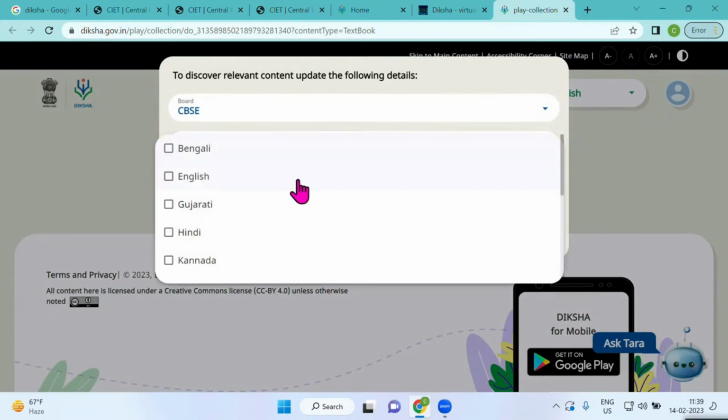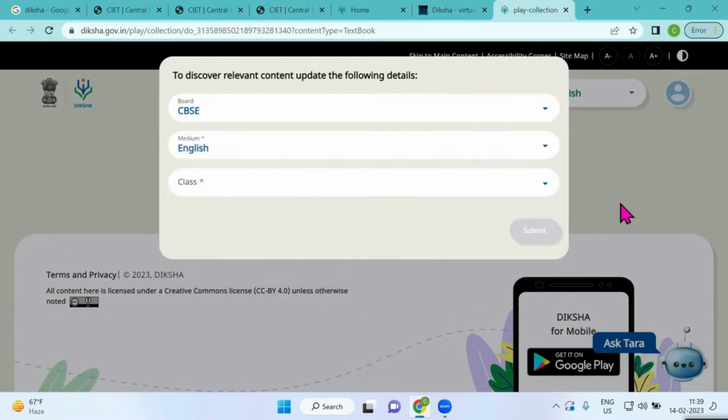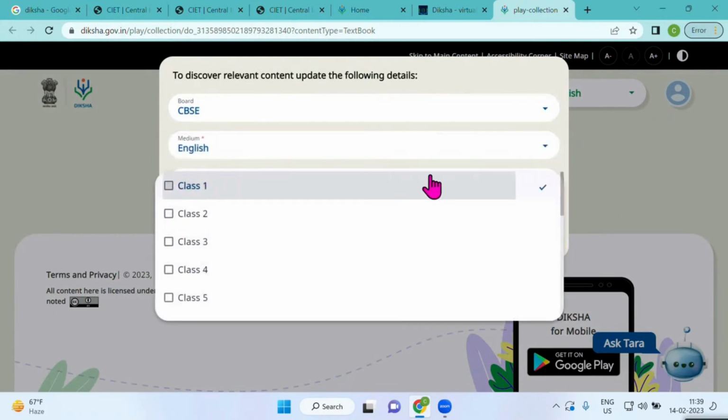Firstly we have to select the medium and the class.